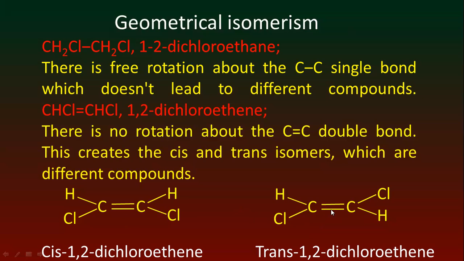That's why this compound is considered a trans isomer. That's why 1,2-dichloroethene undergoes cis and trans isomerism. That means it follows geometrical isomerism.